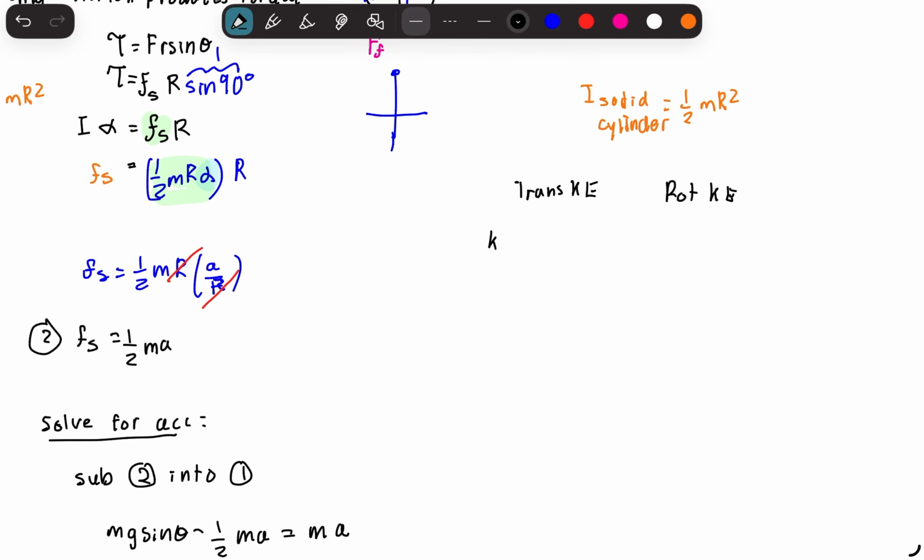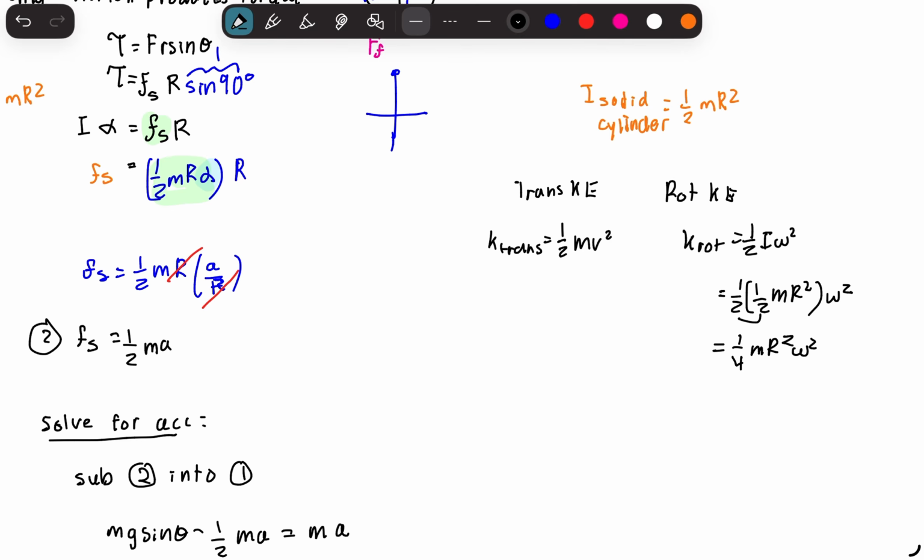Translational is 1/2 mv squared. Our rotational is 1/2 I omega squared, so that is 1/2 times 1/2 mr squared omega squared, which is 1 over 4 mr squared omega squared.